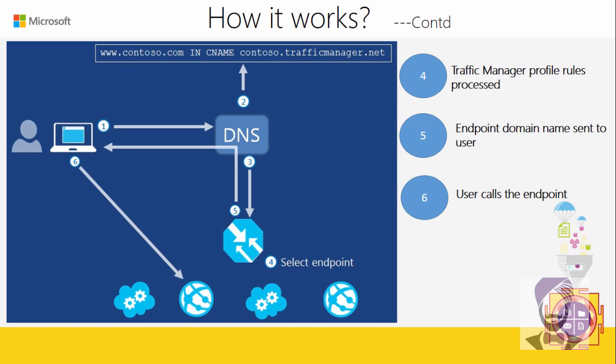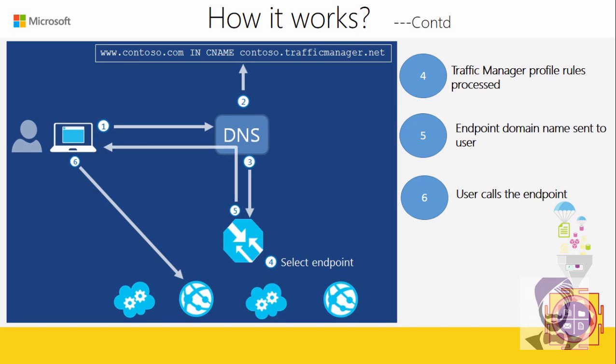By diverting or dividing the traffic among endpoints, it simply means that Traffic Manager decides which of the virtual machines, cloud services, or websites it should provide back to the DNS client, which in turn will provide it back to the client.